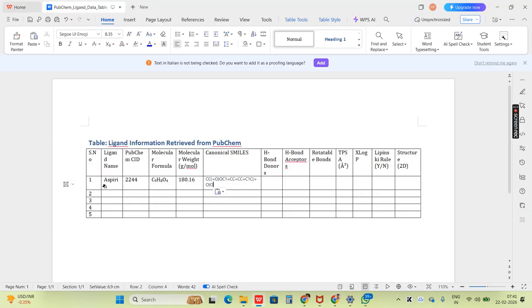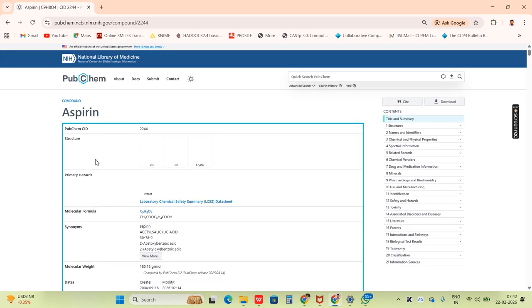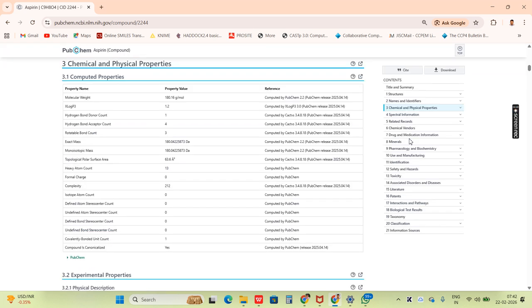So these are the different ways to represent the molecule. Next we have other properties, which are grouped under physicochemical properties. Just click on this compound name. It will navigate you to the summary page of that compound. On the right hand side you can see the table of contents and the summary, and click on physicochemical properties.